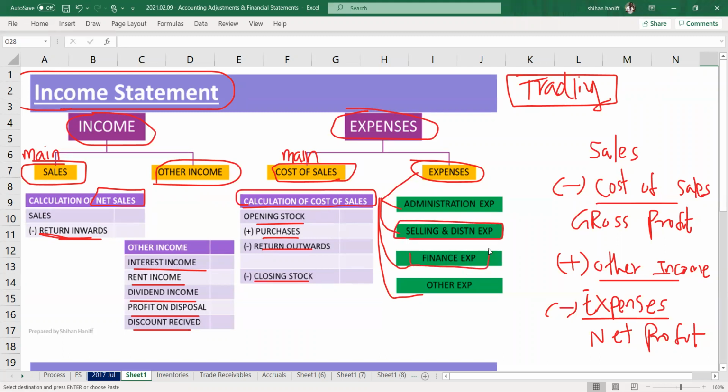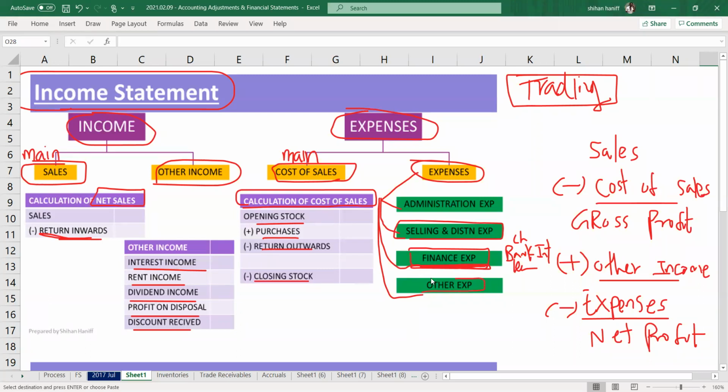Finance expenses are expenses related to the bank loan and debentures: bank loan interest, lease interest, checkbook charges, bank charges, anything related to bank and finance.